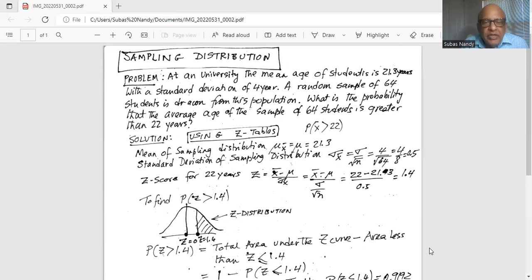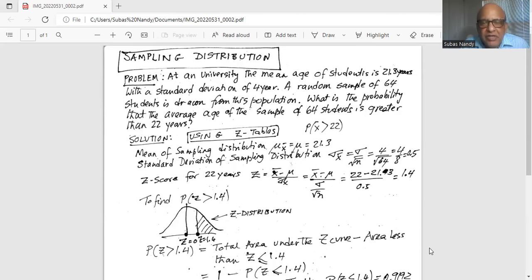So first thing we have to remember, the mean of the sampling distribution, mu x bar, because it's the probability distribution of the sample means, the x bars, is equal to the mean of the population, which in this case is 21.3 years.